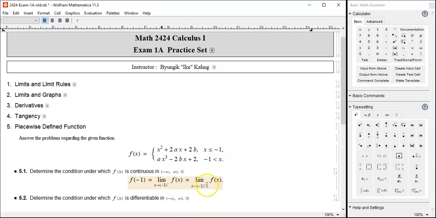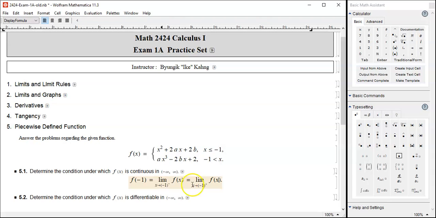This should be minus, and that should be plus. Okay, basically this is the continuity condition here. X equal to -1 directly, and then for the left-hand side and the right-hand side.